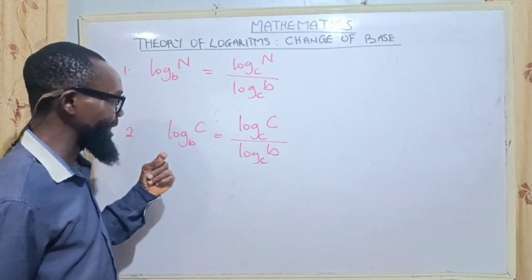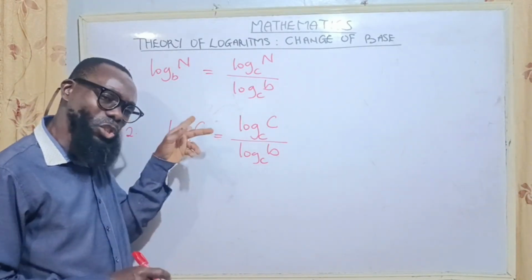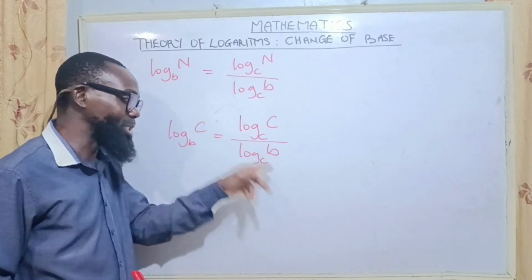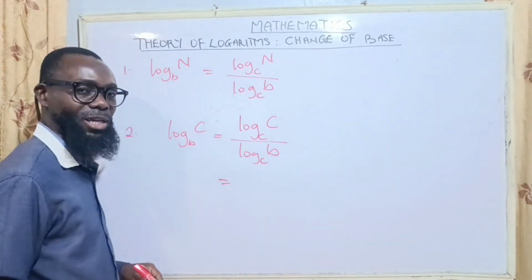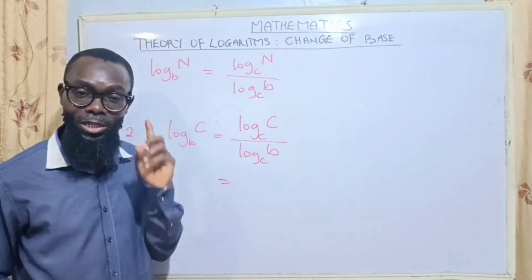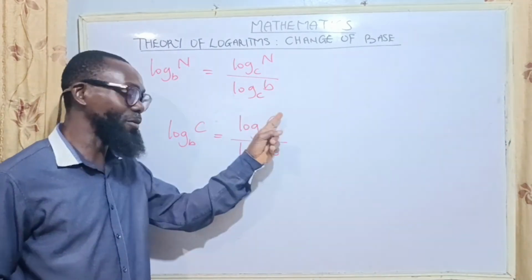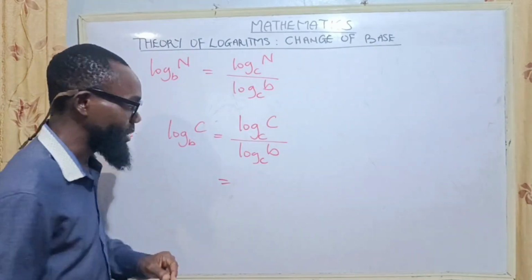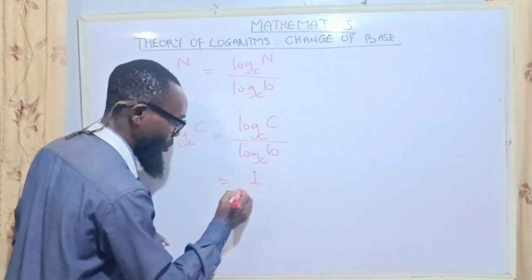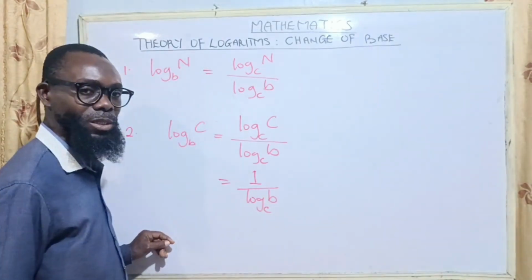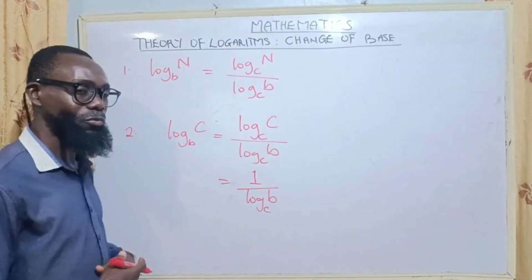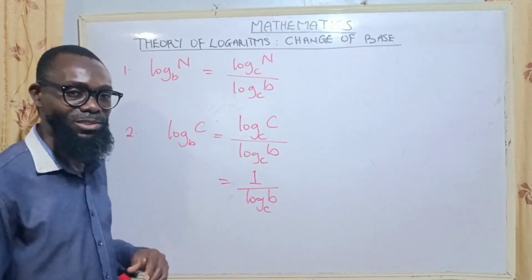Now, I am using this letter in the question to denote the base for both of them. What I know very well, from what we have done so far in the theory of logarithm, is that log of a number to the same number gives 1. So this one is 1 over log b to base c.